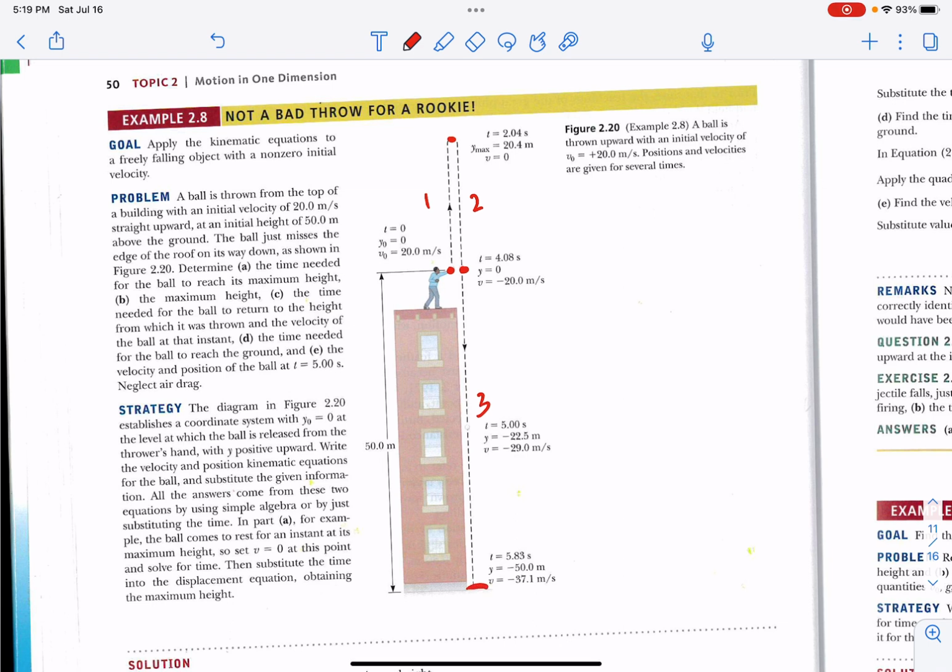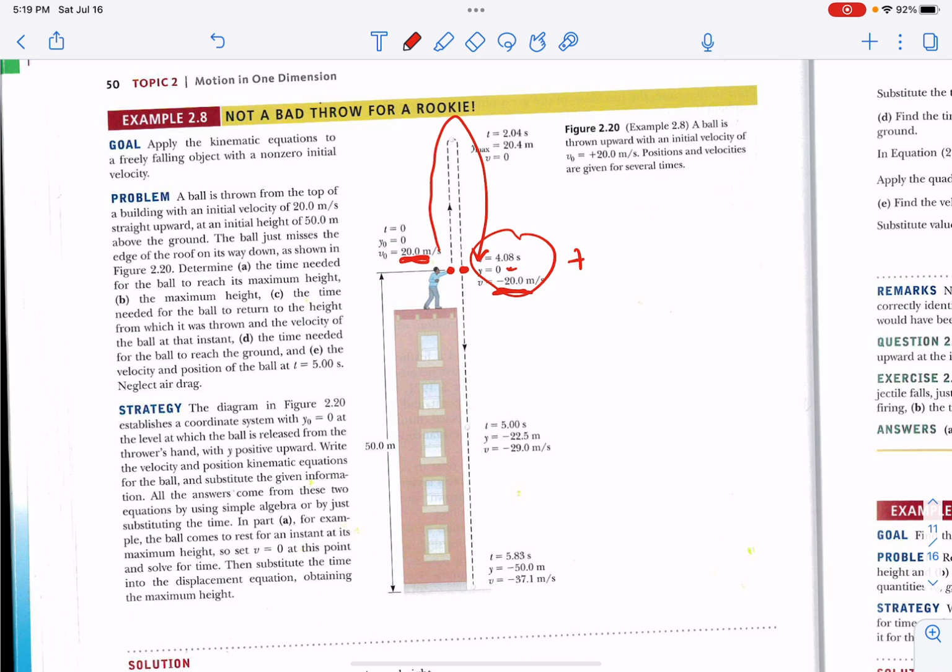You can also do this problem where you limit yourself to just two parts. The first part is going up and back to where you started from. And then all of the conditions that your kinematic equations give you for your velocity at this moment and your height at this moment, which is back to zero, and your velocity at this moment, which is the same as the velocity you started with, but going in the opposite direction, hence the negative sign.